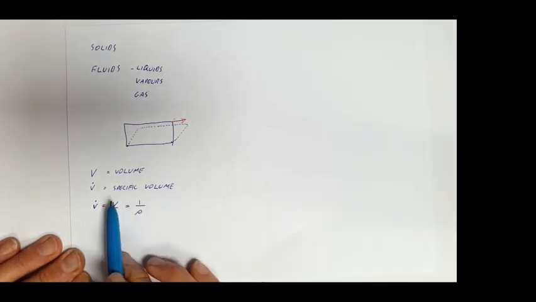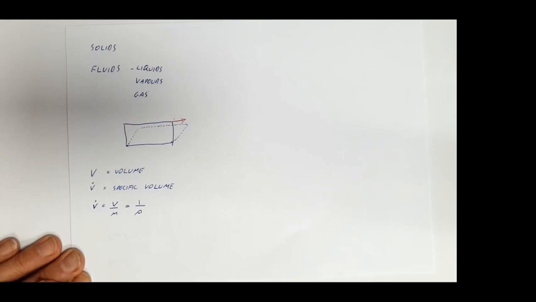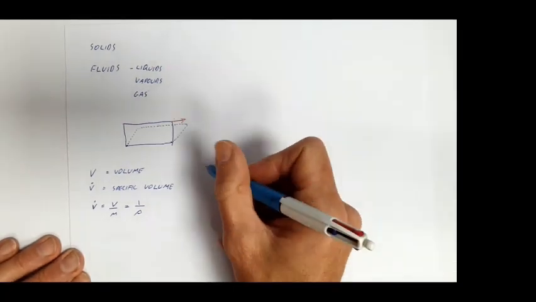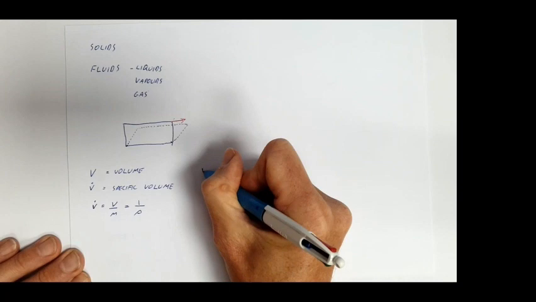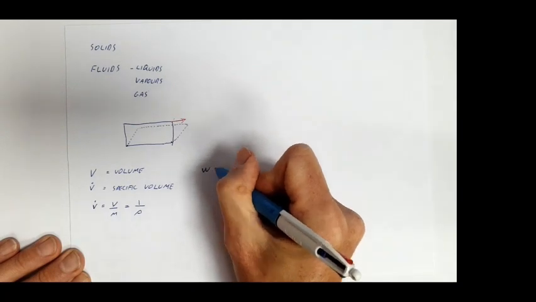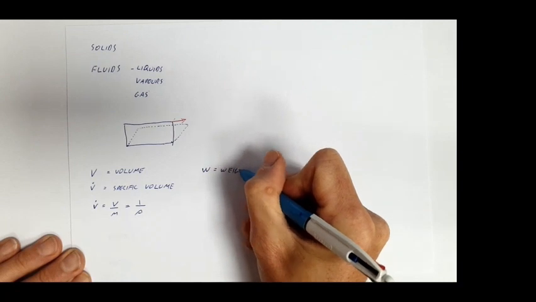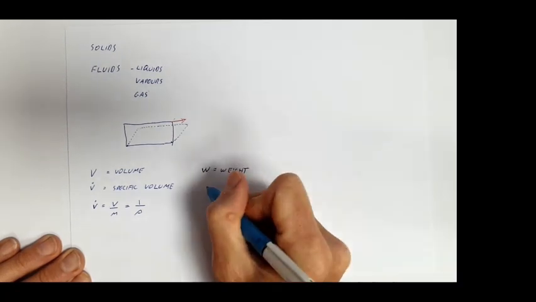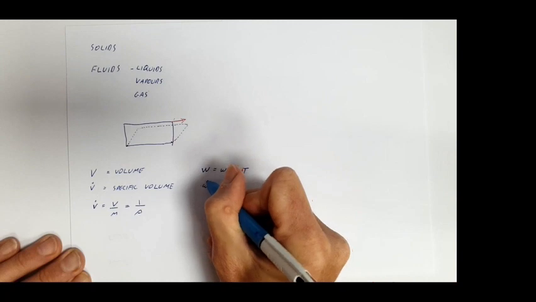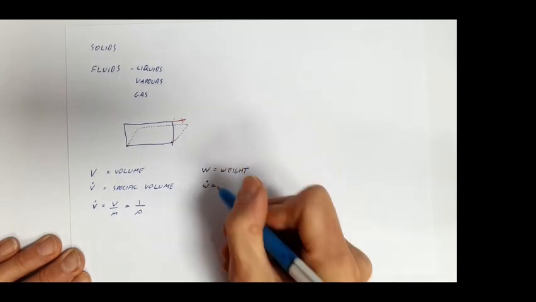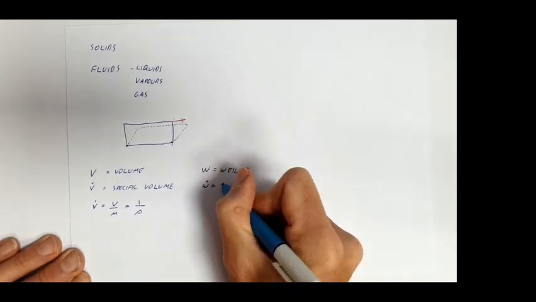We also need to think about the term specific weight. Weight is another term that we will come across. Okay, so W you can think of as our weight. And again, subtle difference, lowercase w with that dot above it, specific weight.